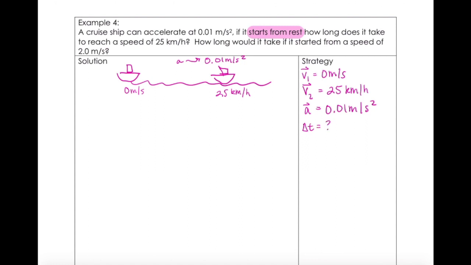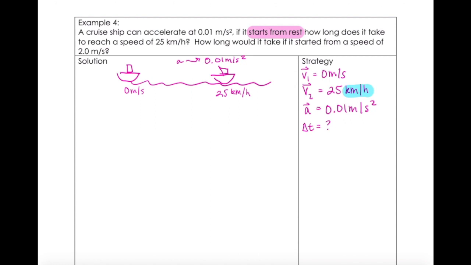Okay, now a big problem that we haven't encountered before is that these units do not match the rest of the problem. So the first thing we need to address is changing the units of the final velocity to meters per second.